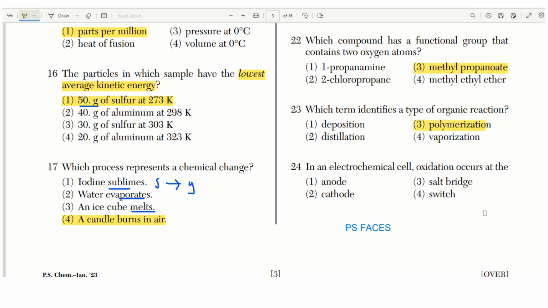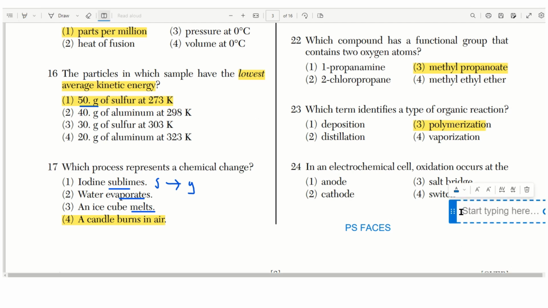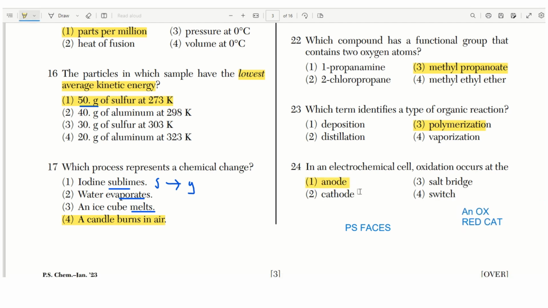In an electrochemical cell, oxidation occurs at the, well, remember there are a bunch of phrases, and one is OX, or red cat. So oxidation is at the anode.